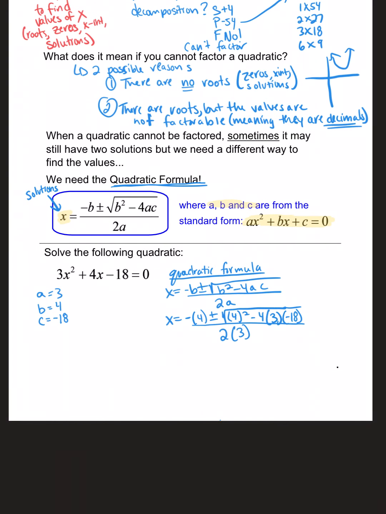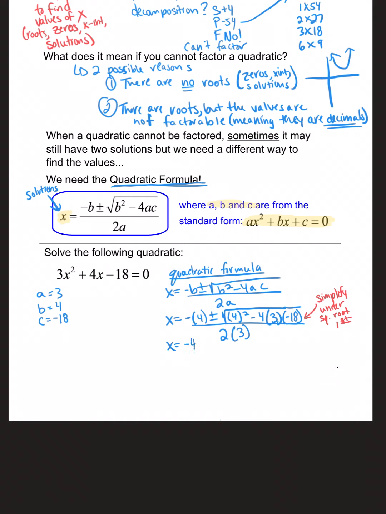Okay, so as we start to simplify this, we're going to simplify everything we can under the square root first.